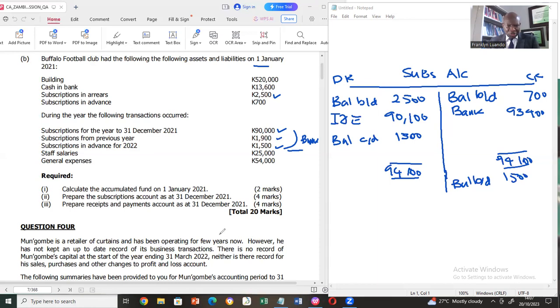And now we can do the last part, prepare receipts and payments, which is equivalent to the cash book. So we have receipts and payments.